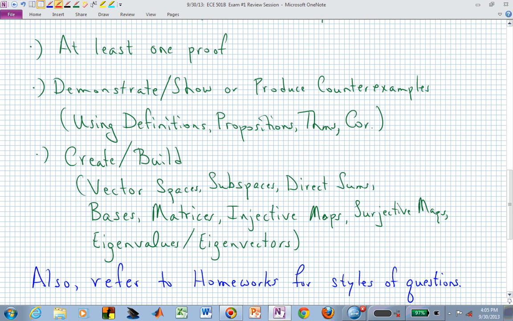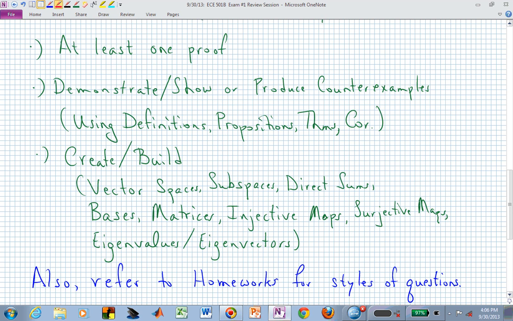For example, vector spaces, subspaces, direct sum, decomposition of a subspace, the basis. Know what that means, know how to use that to build a basis for a given vector space, or a subspace, know what a basis of a subspace looks like or how to build one.